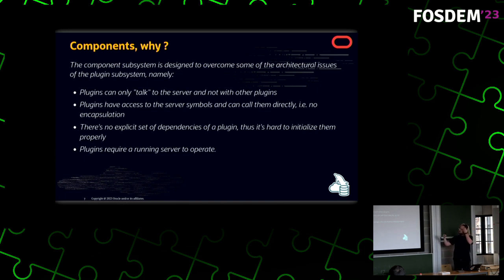The plugins have access to the server symbols and can call them directly, but there is not really encapsulation. We were discussing that it is even possible maybe to create a component, compile it and then load it for another version of the server. But this is not something I would recommend to do, but it's possible. And you can also create dependencies between components, which is very nice.